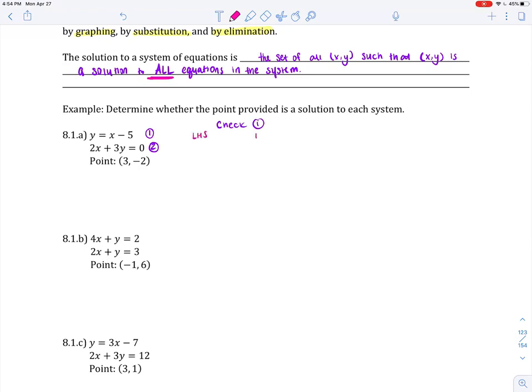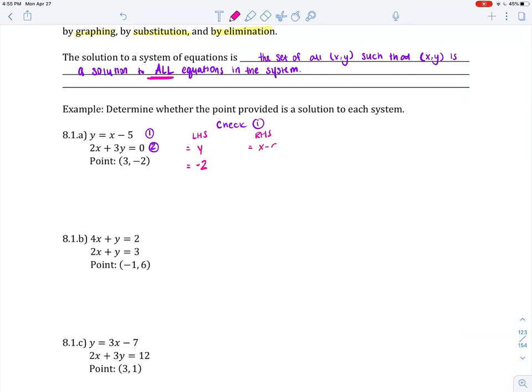We have to break our equation up into the left-hand side of the equal sign and the right-hand side. We write LHS for the left-hand side and RHS for the right-hand side. My left-hand side for equation 1 is just the y value, and in my point, my y coordinate is -2, so we plug in -2 there.